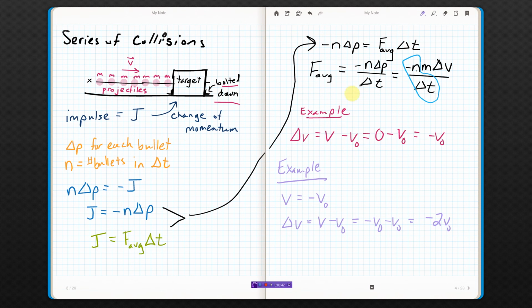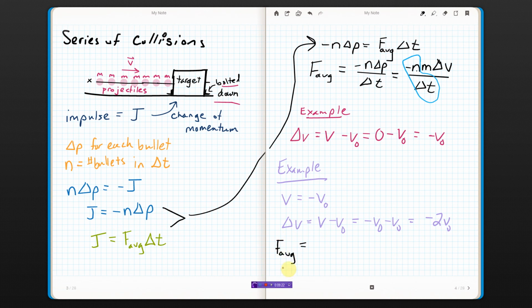Now in my book, they have another way that we can write this equation here. I find the previous one the most useful because in almost all the problems that we do, they give you the rate of fire of a gun or whatever. But we can also rearrange this to ask about the average force on the target if you're given the rate at which mass collides with the target. Maybe they don't tell you the size of the projectiles, and they just tell you how much mass is hitting the target.